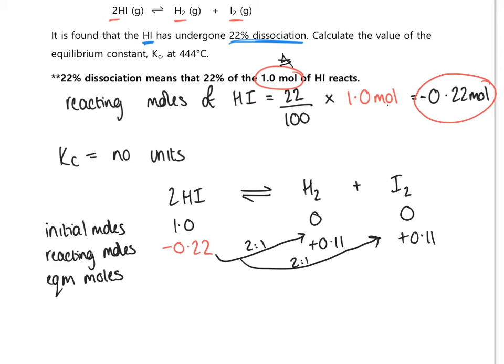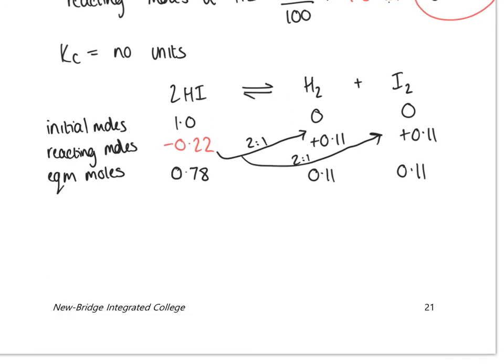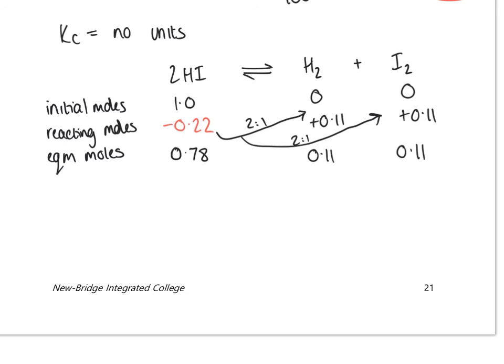So that stage is always getting it by the ratio. Equilibrium moles then is initial plus reacting. So what is that going to be for hydrogen iodide? 0.78. For hydrogen, 0.11, and for iodine? Okay, now I've got my equilibrium moles, and because there's no units, I don't need concentration, so I can put these values straight into my expression for Kc.